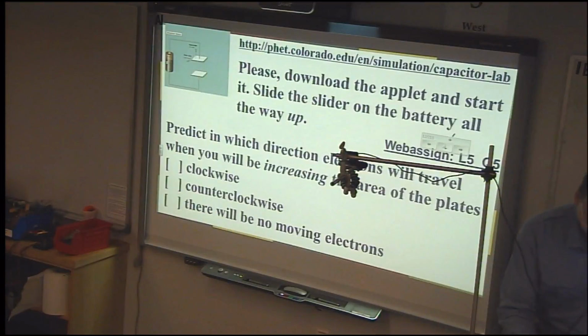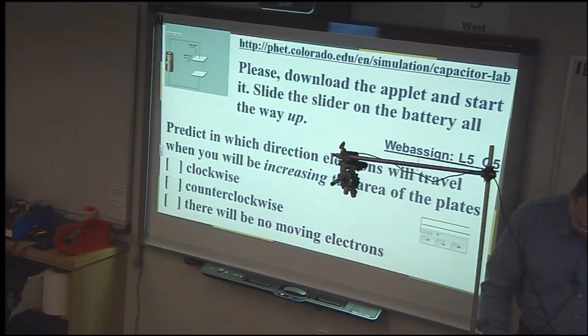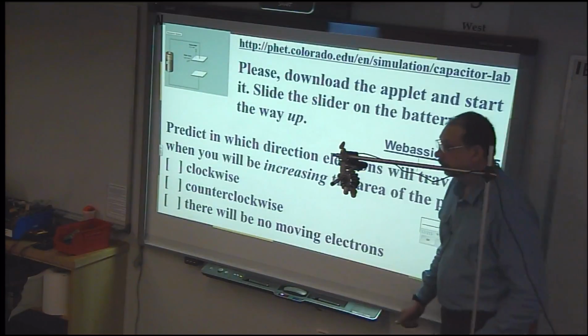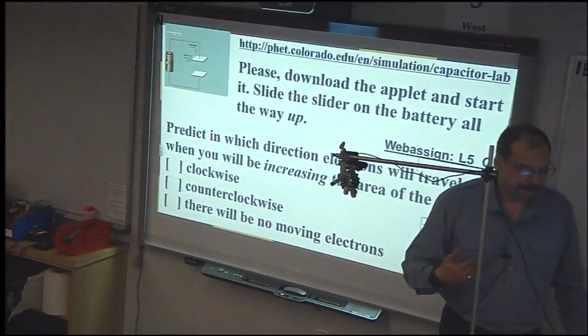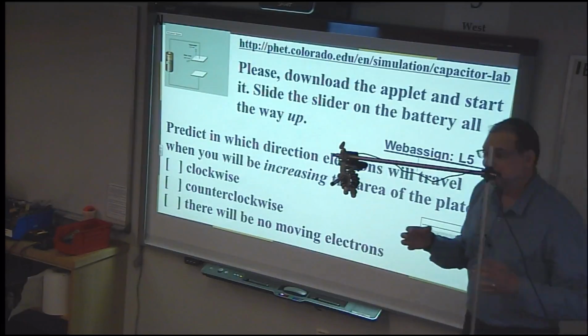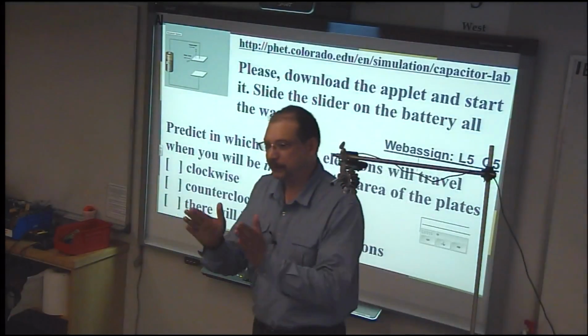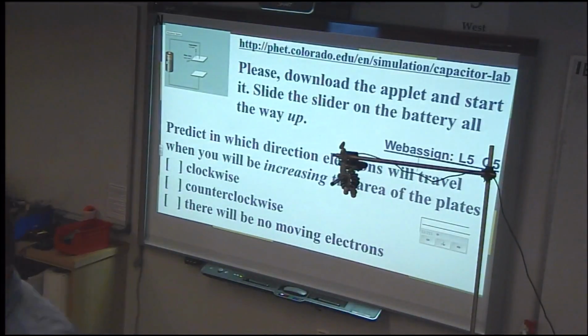Okay. All right. This is the question I want to ask. And for this question, you should use the applet. You can join forces, work together. We know that if we make a change like the distance between the plates or the area of the plates, that change affects the capacitance.